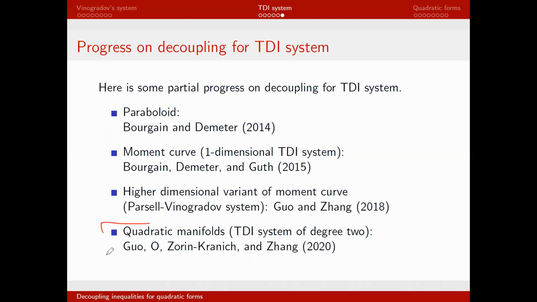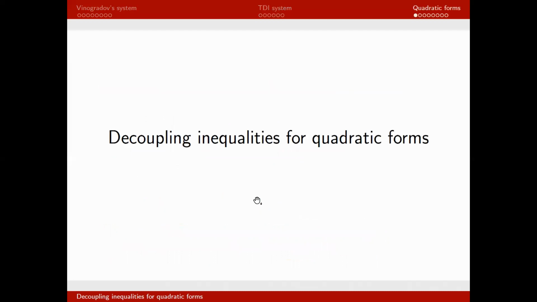And this is our main theorem. We proved decouplings for quadratic manifolds, and these are precisely TDI systems of degree 2. So I will introduce our main theorem. That's what I'm going to talk about for the rest of this video.